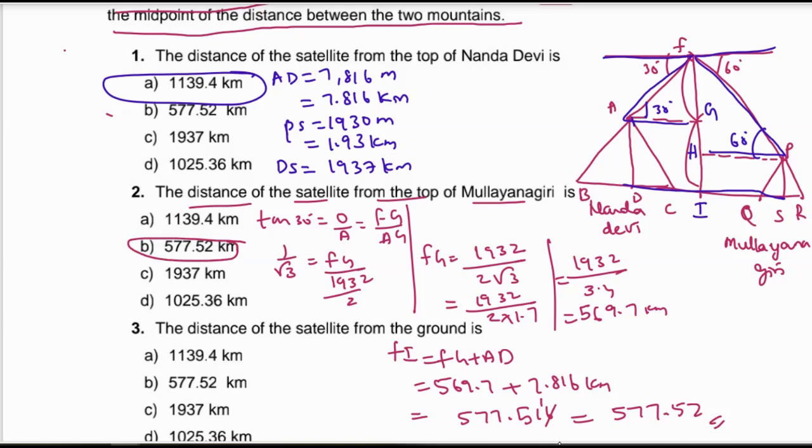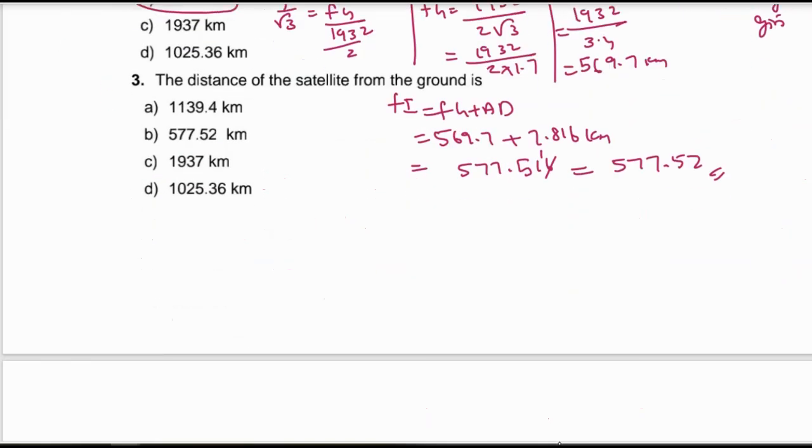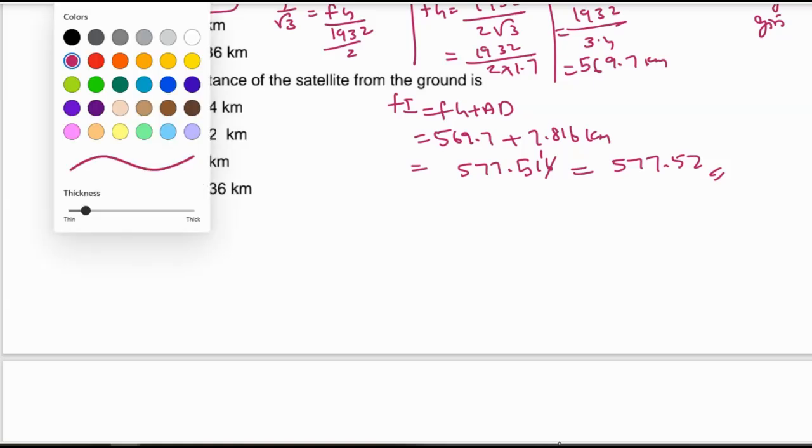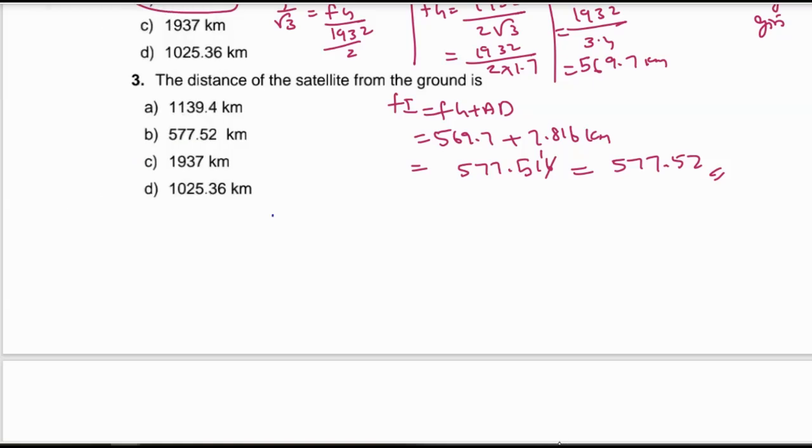Then moving on with the next question: the distance of the satellite from the ground. We have to find the distance of the satellite from the ground. So cos 60 degree equals HP divided by FP.